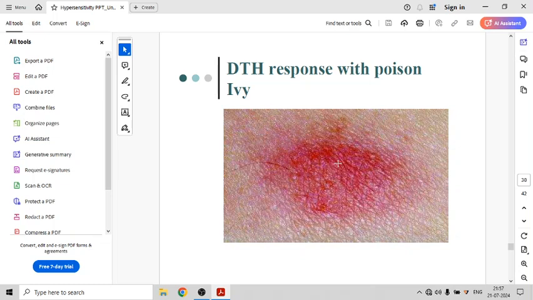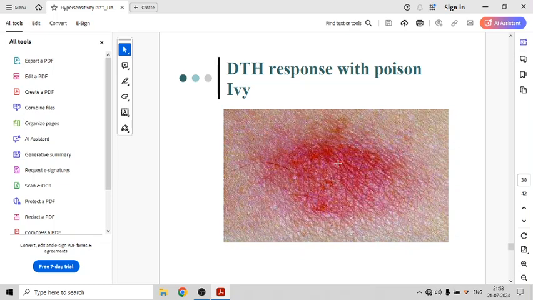And this is how a patch will be seen when a poison of plant origin, that is poison ivy or poison oak, enters the skin surface, and it causes erythema in that area because of the inflammation caused by the aggregation of macrophages. Compared to the Arthus reaction, this is milder.